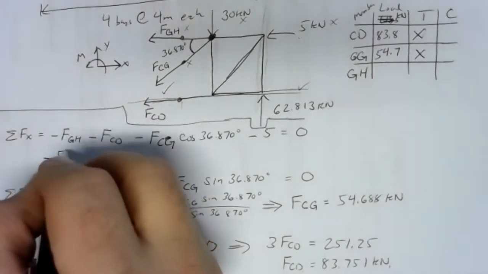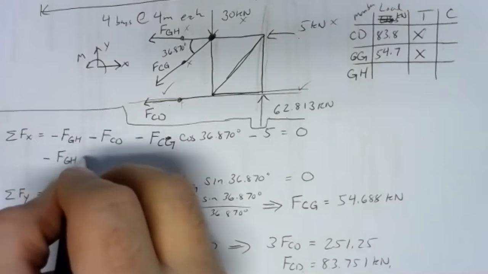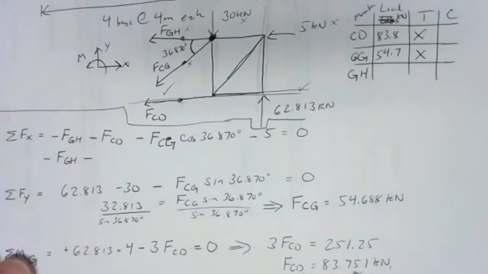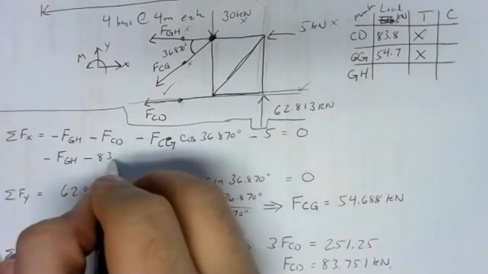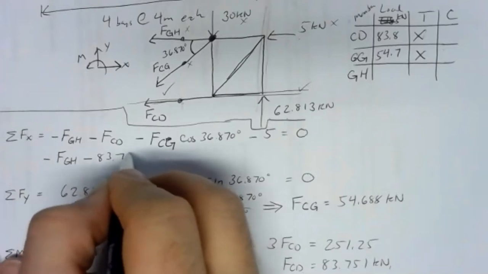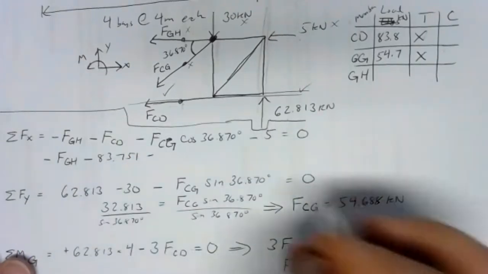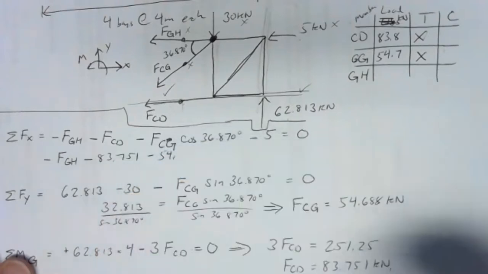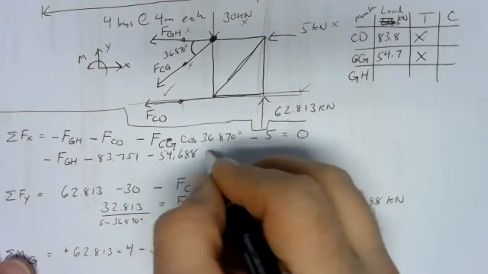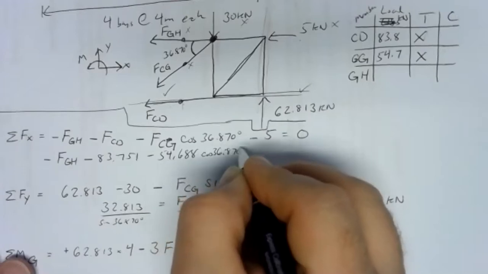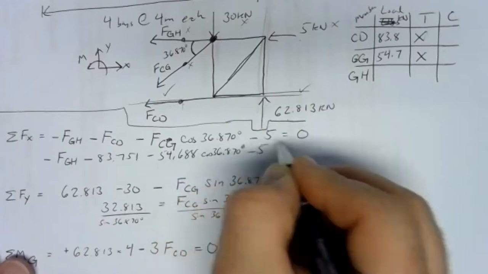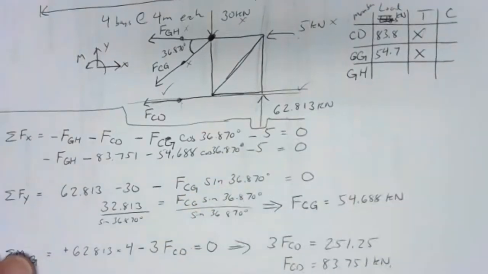So we've got negative FGH minus FCD, that's 83.751, minus FCG, 54.688, cosine 36.870 degrees, minus that 5 kilonewtons equals 0.